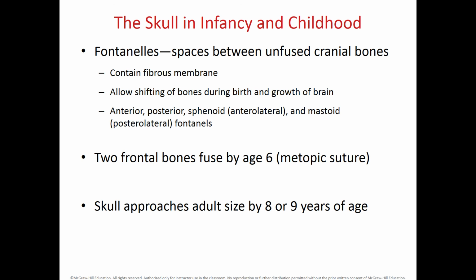Now the posterior one will be located between the parietal bones and the occipital bone. And the mastoid or posterolateral fontanelles will be at the level of the mastoid process within the temporal bone.